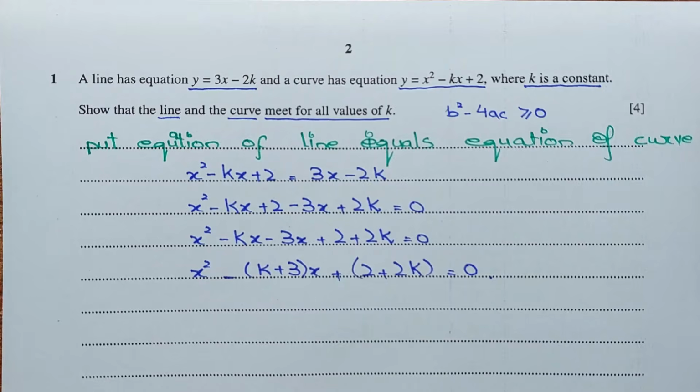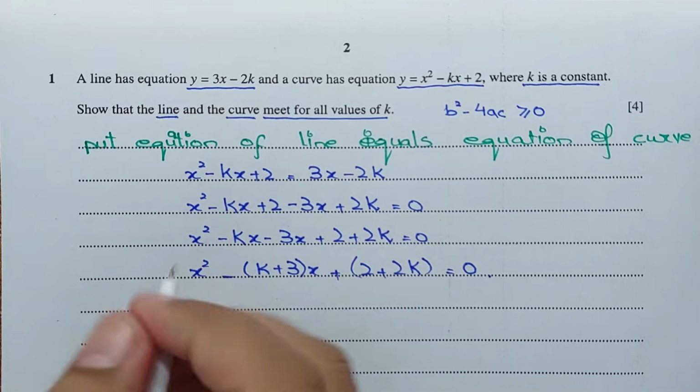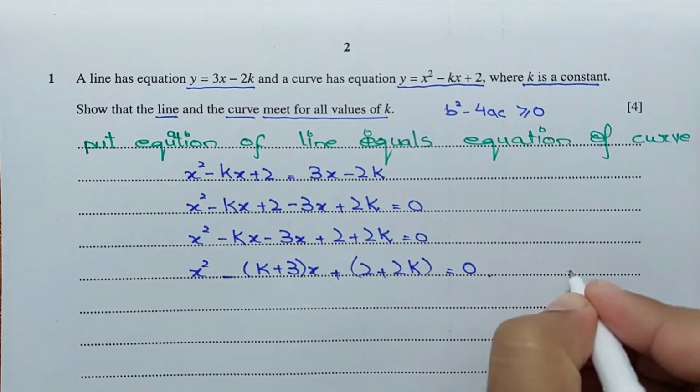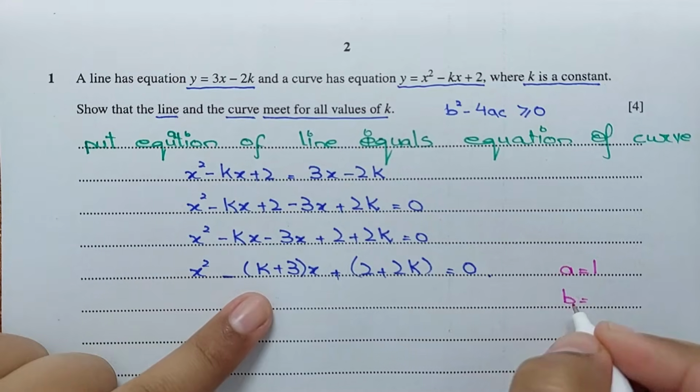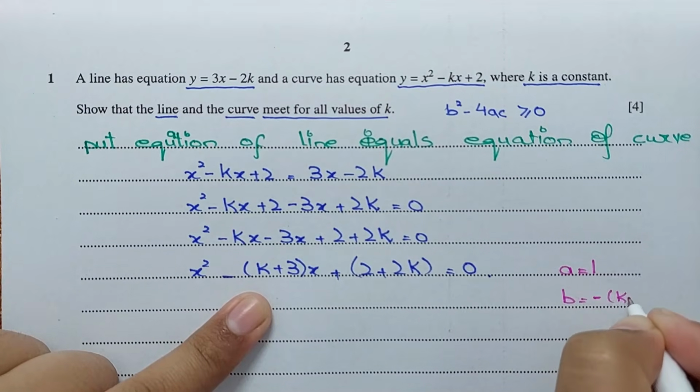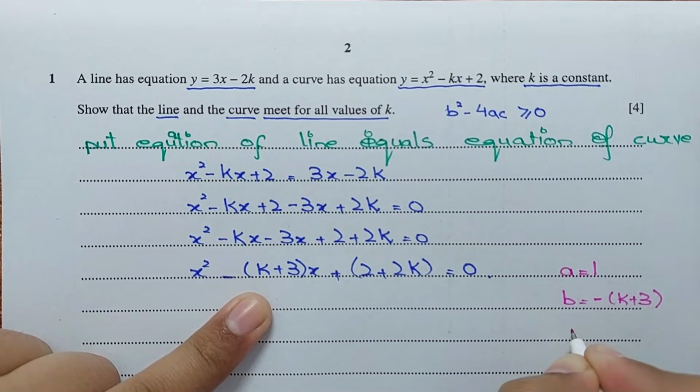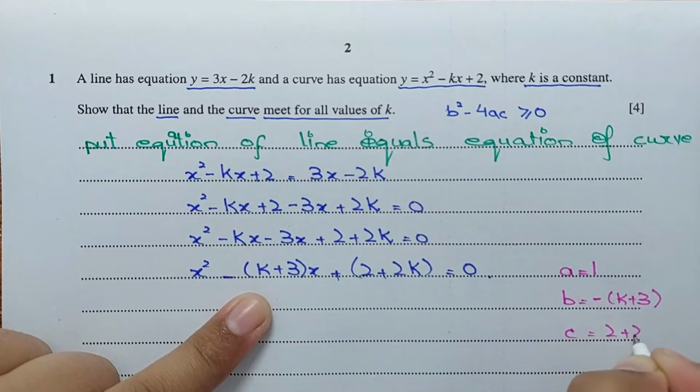Okay, now we have to solve the discriminant. So before solving the discriminant, we have to clear that a term is 1. So a is 1. The a is basically the coefficient of x square, b is minus (k plus 3), and c is 2 plus 2k, the constant term.